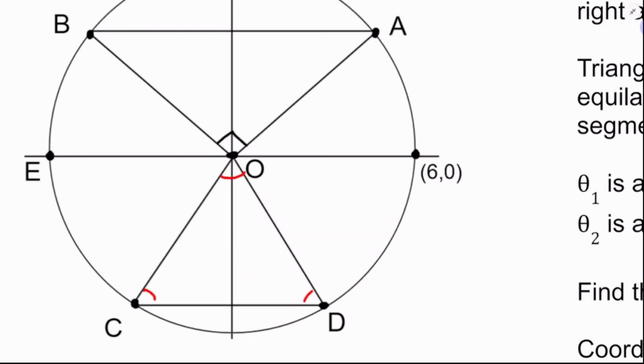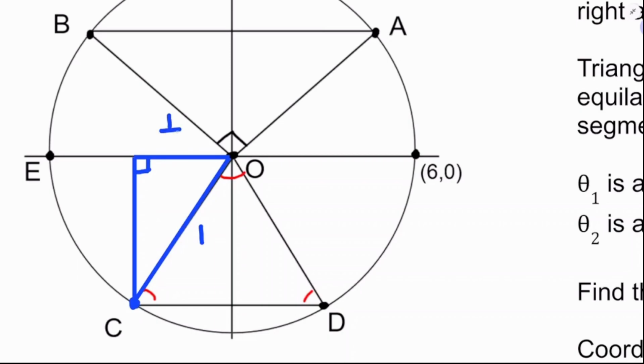I'm going to go over here to point C and draw the triangle right here. I think I'm going to draw it as if it was on the unit circle, but we know that the radius is going to be 6, so that's going to scale up by 6.